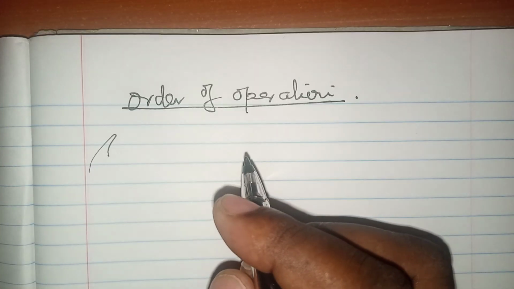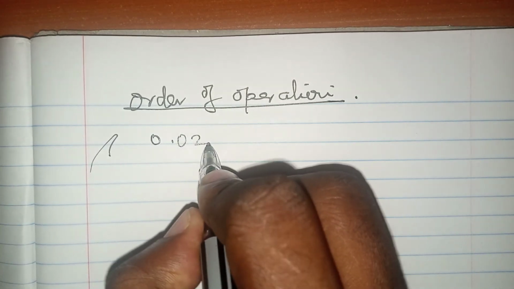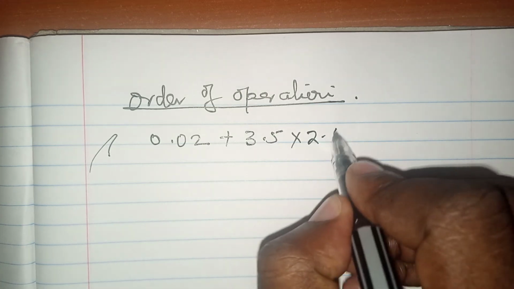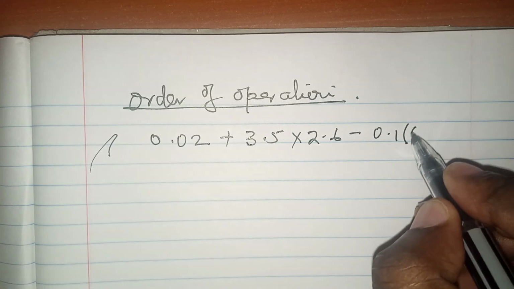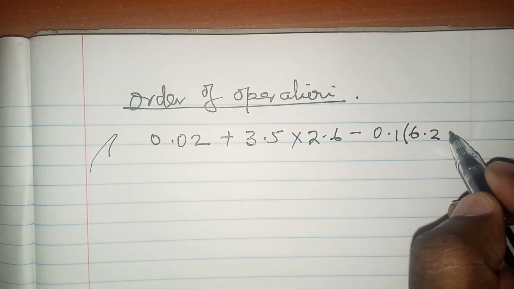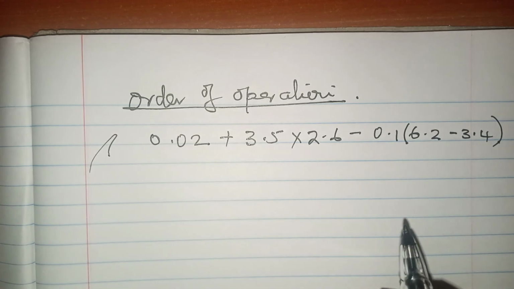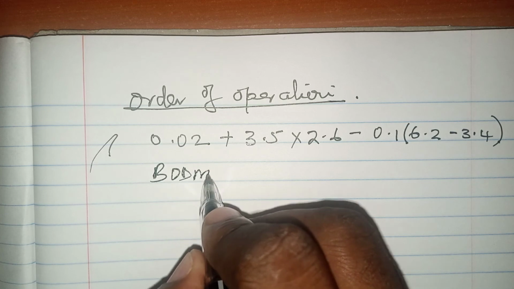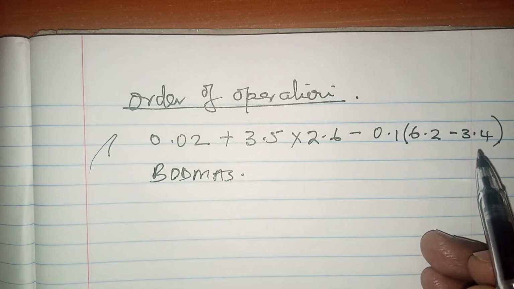For example, if we take 0.02 plus 3.5 times 2.6 minus 0.1 open brackets 6.2 minus 3.4. Where do we begin? Of course, BODMAS, we should start with the bracket first.